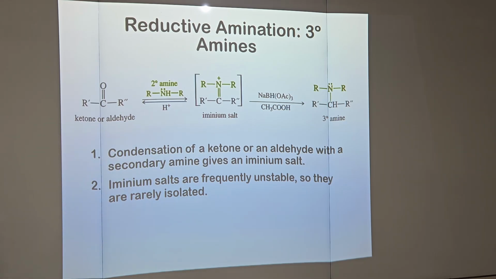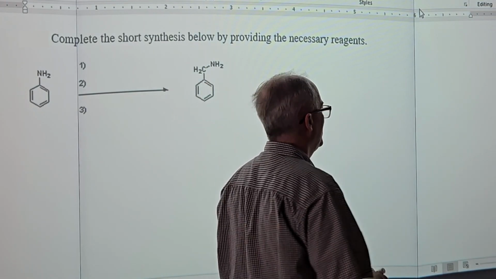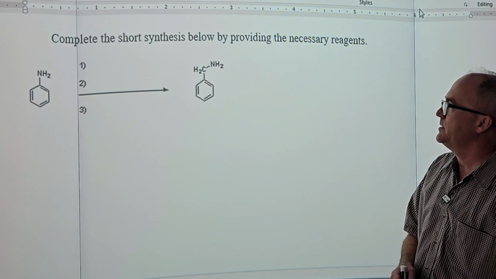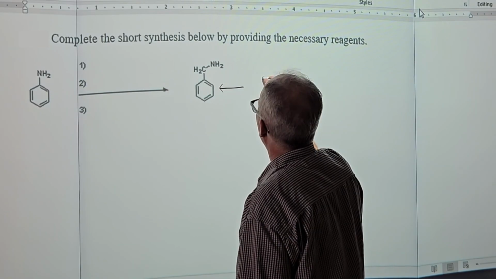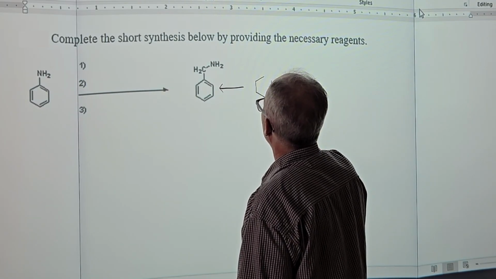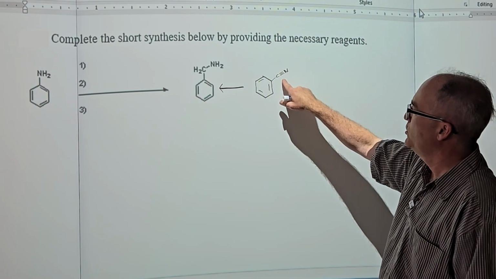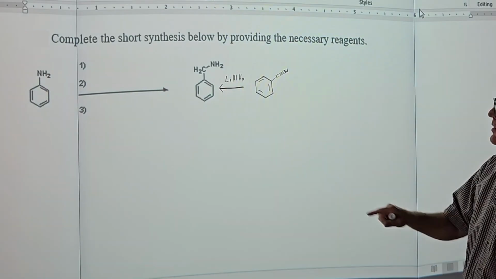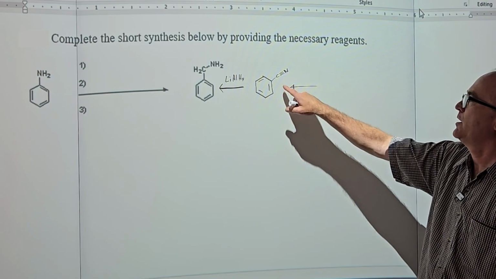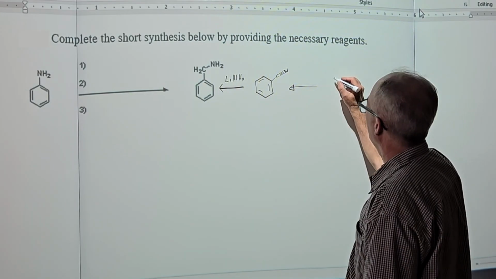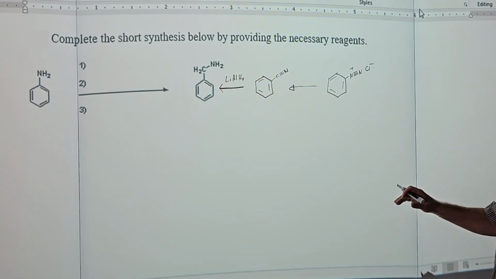You don't isolate it. So with all that under your belt, I'm going to do what's known as retrosynthetic analysis. Here's the product I want, and I'm going to ask myself, what can I imagine this coming from? So earlier we saw a nitrile can be reduced to a primary amine. So now how could we get to that? Well, we just went over this diazonium salt business.